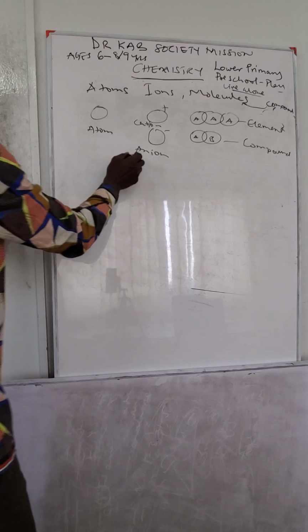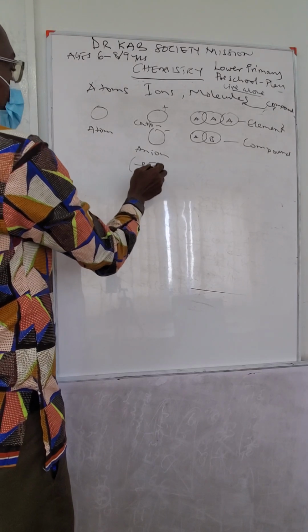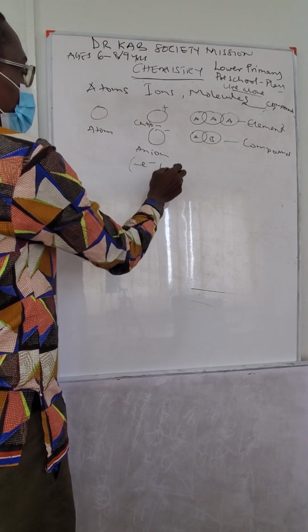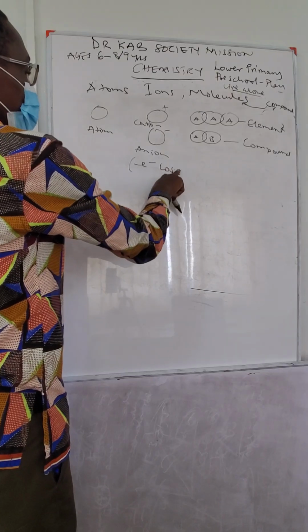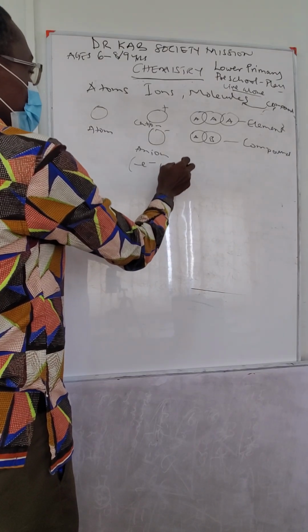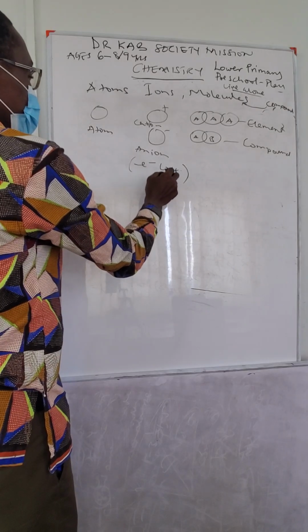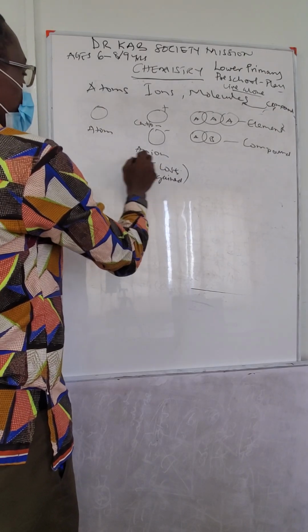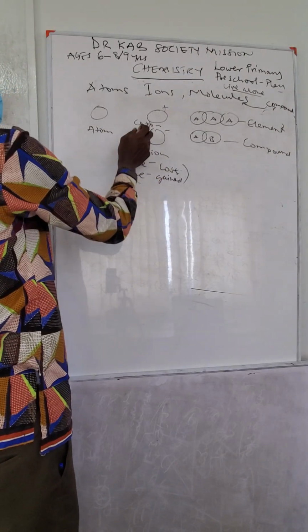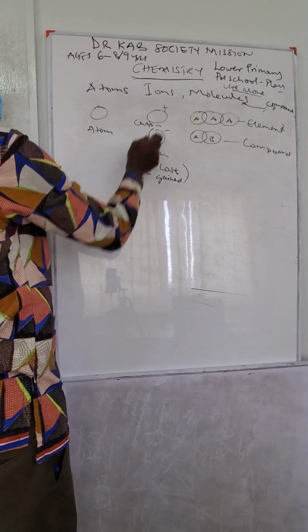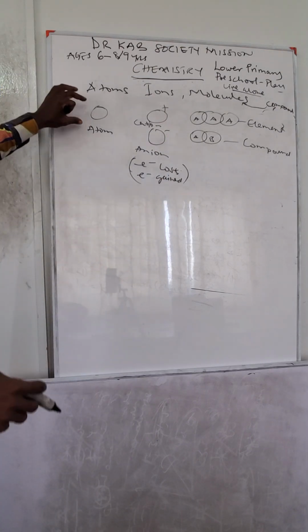So here we have lost electrons, or let's say they have gained electrons. If you lose an electron, you become positive. If you gain an electron, you become negative. So the sketching, you can let them sketch.